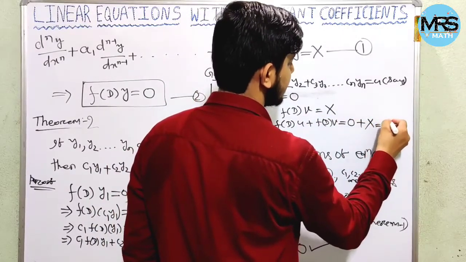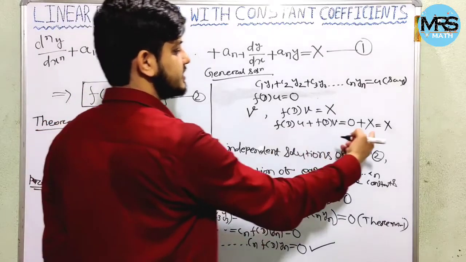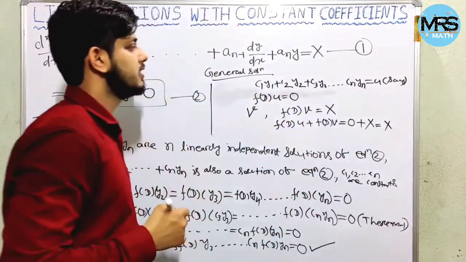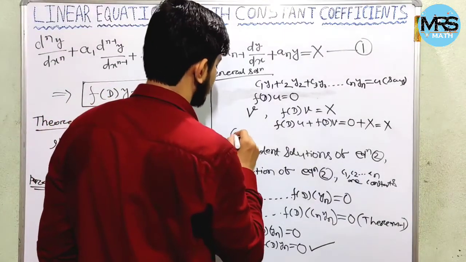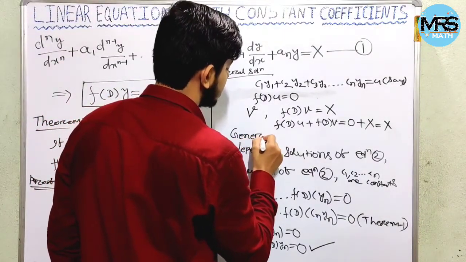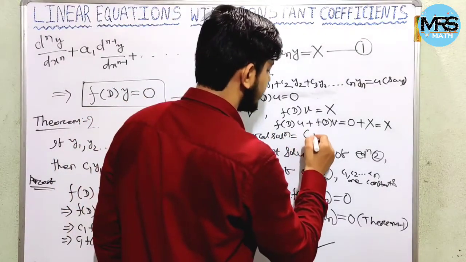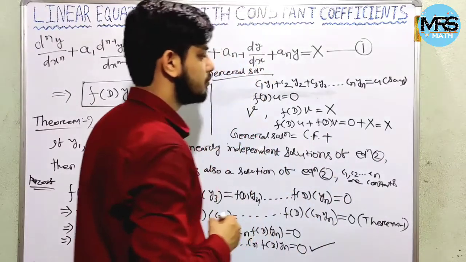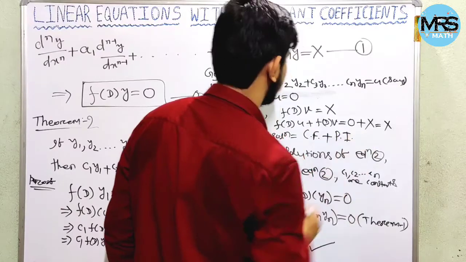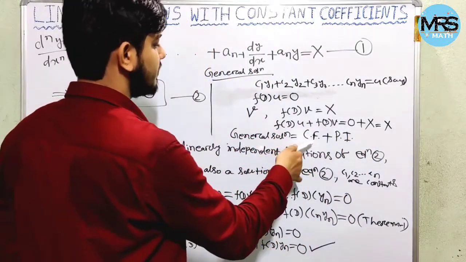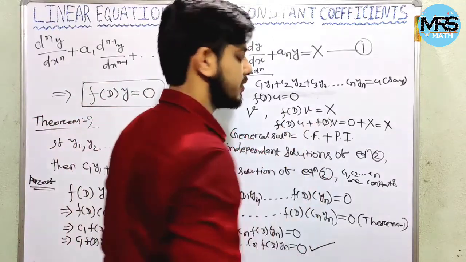So this proves that this is a general solution of the differential equation. From here we can conclude that the general solution is equal to the complementary function plus the particular integral. The complementary function we are getting from here, and the particular integral from here.